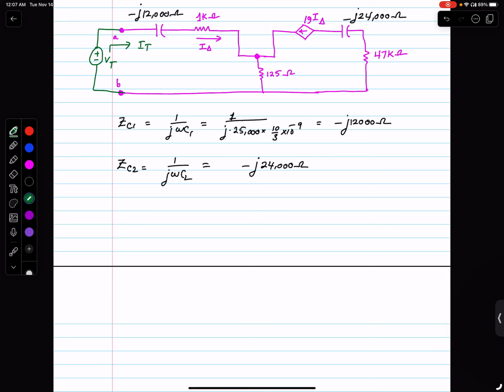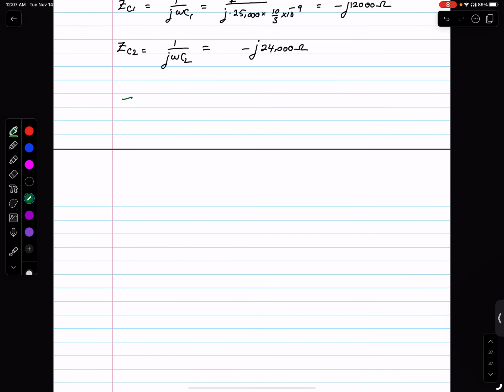That is the method we have been following all along. In order to find the Z Thevenin, what we do is Z Thevenin across AB is V test over I test.